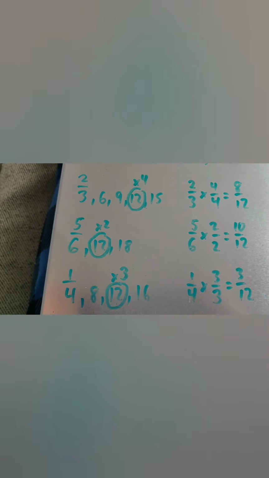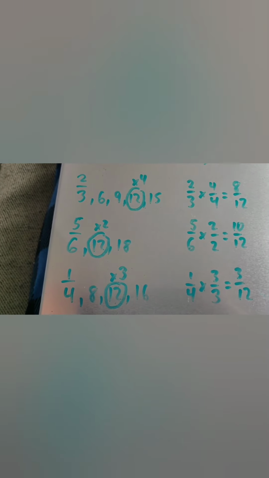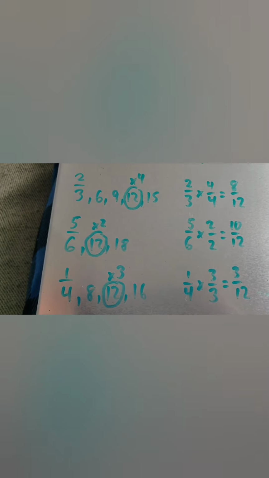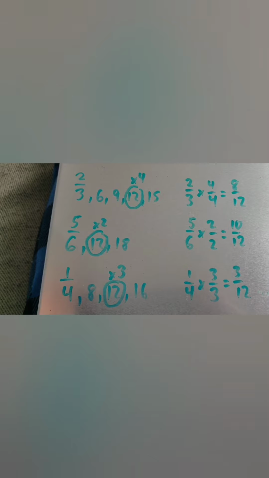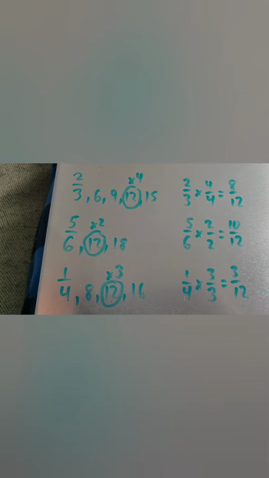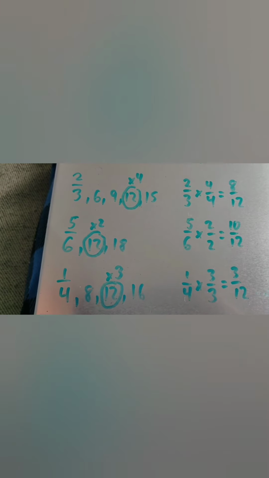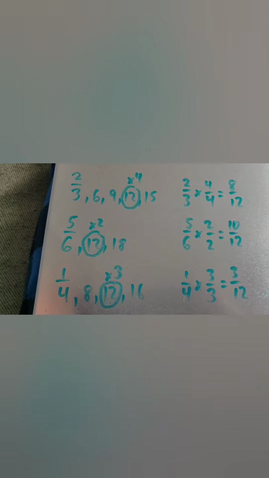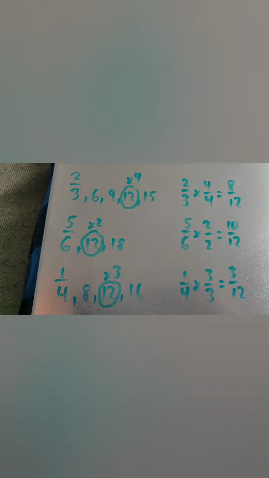That we should have multiplied 5/6 times 2/2 to find an equivalent fraction with a denominator of 12. And recognize that we should have multiplied 1/4 times 3/3 to find an equivalent fraction with a denominator of 12. So 2/3 is the same as 8/12, 5/6 is the same as 10/12, and 1/4 is the same as 3/12.